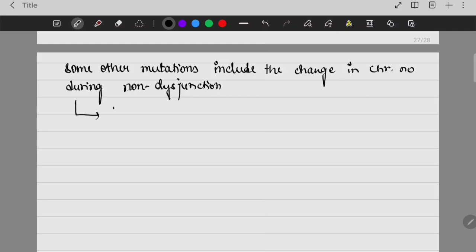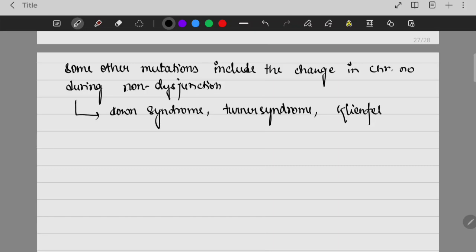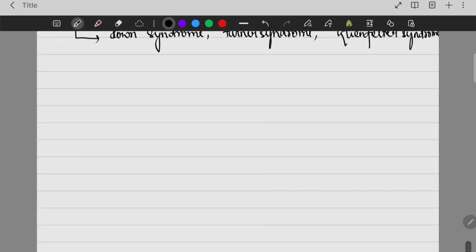Some examples include Down syndrome, Turner syndrome or Klinefelter syndrome. Now I should write examples of the diseases that occur due to this type of mutation.